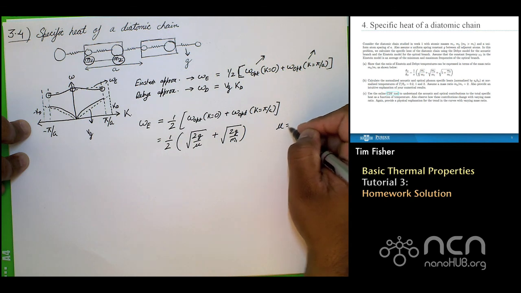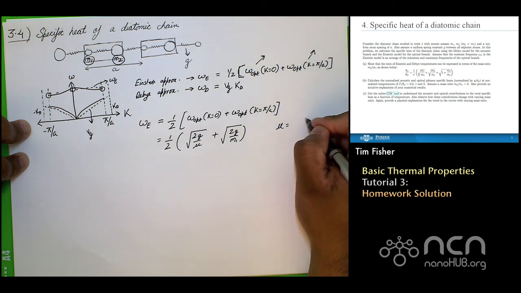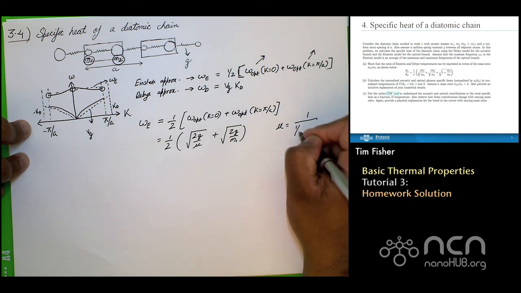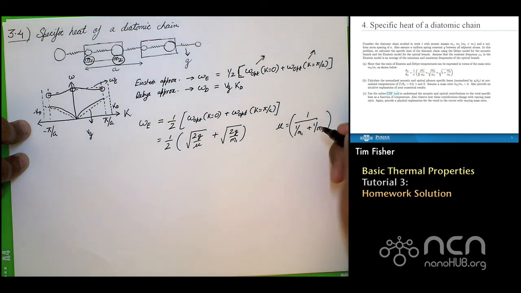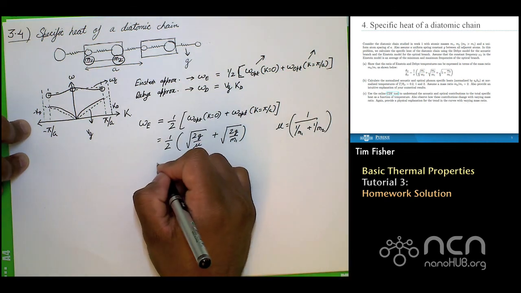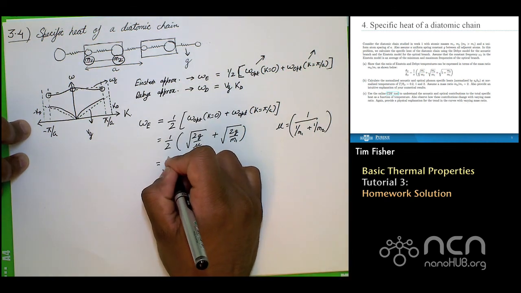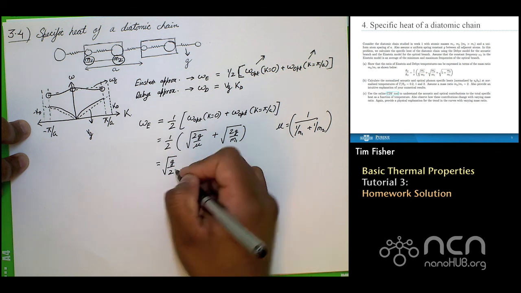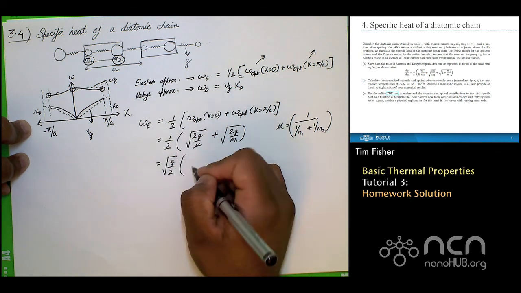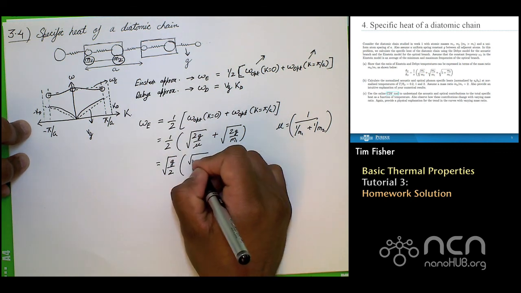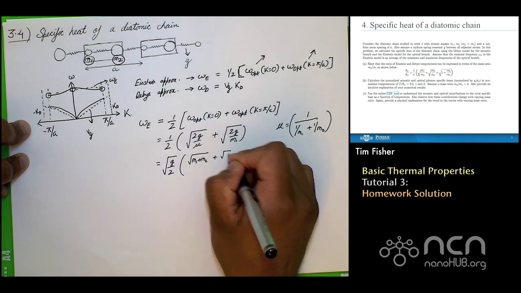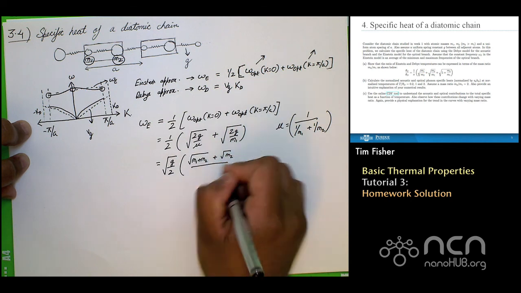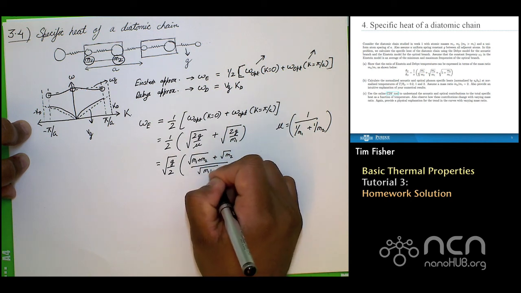Here mu is the reduced mass and it is given by 1 divided by 1 upon m1 plus 1 upon m2. So simplifying this further, this can be written as square root of G upon 2 multiplied by square root of m1 plus m2 upon square root of m1 m2 plus square root of m2.